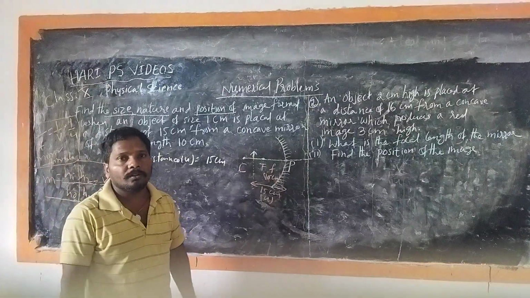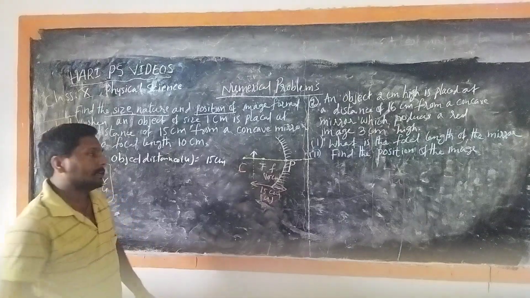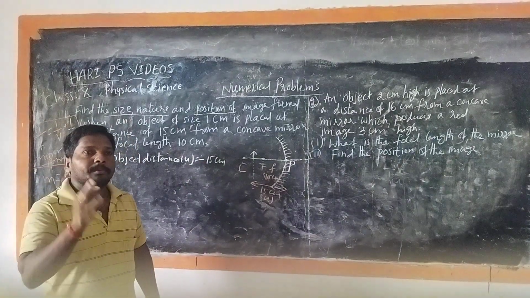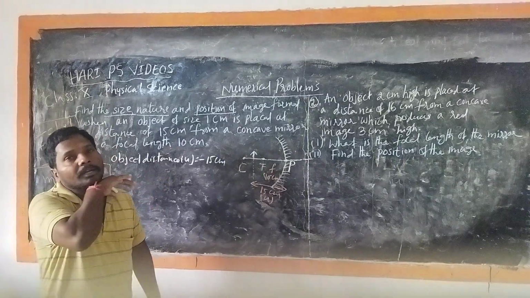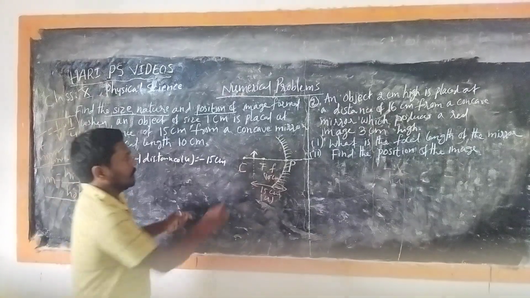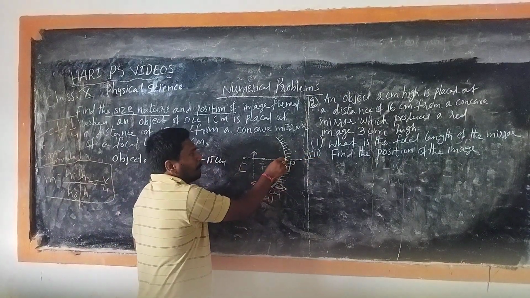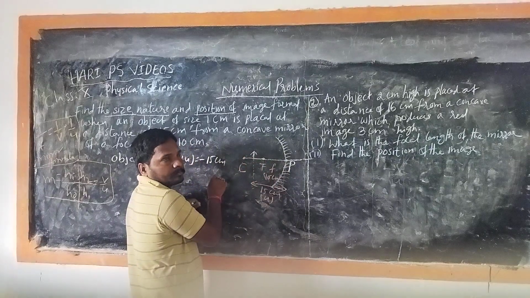Plus or minus? The object is placed on the left side of the pole, so it is taken as negative. All the distances are measured from the pole.